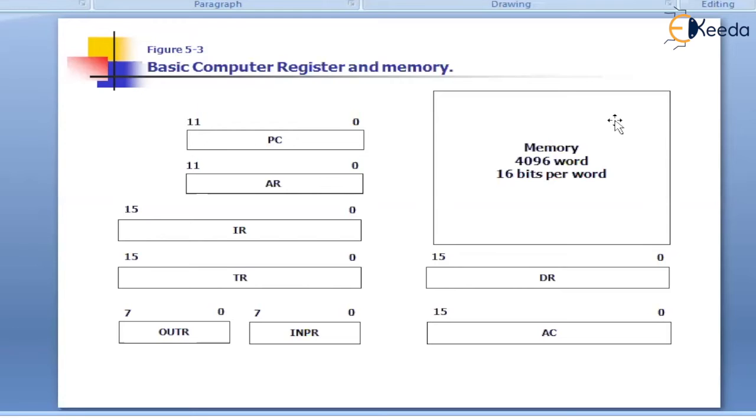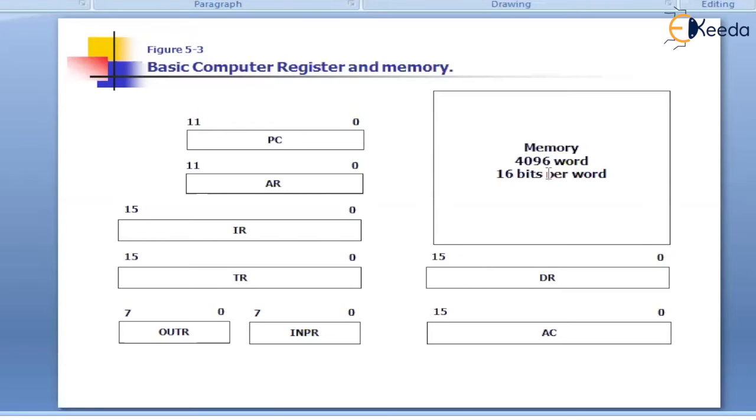Try to understand here. When it comes to the registers within the CPU, we need to specify the size of each and every register, because a register must have a size. It can be 8 bits or 16 bits or 24 bits. But how do we define the size of a register? What is one word size in the main memory? It is equal to 16 bits, right?